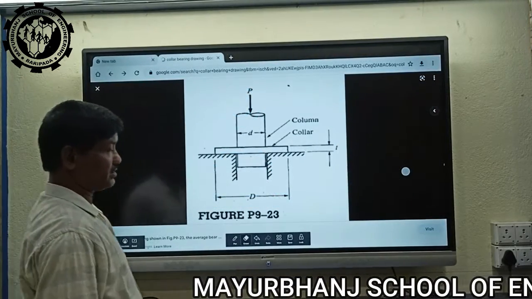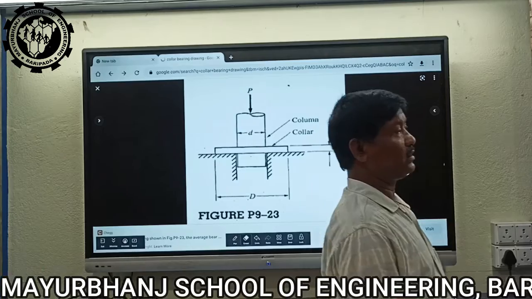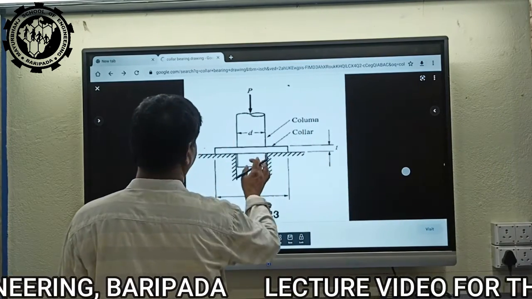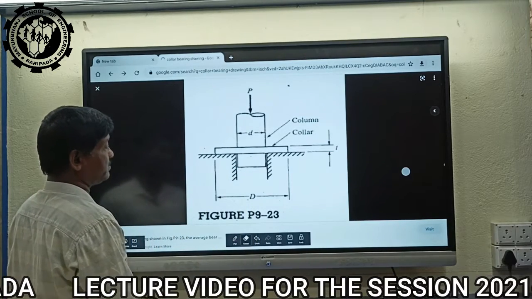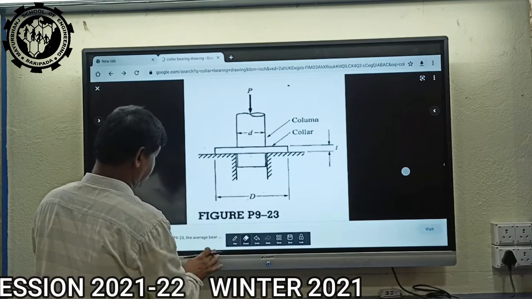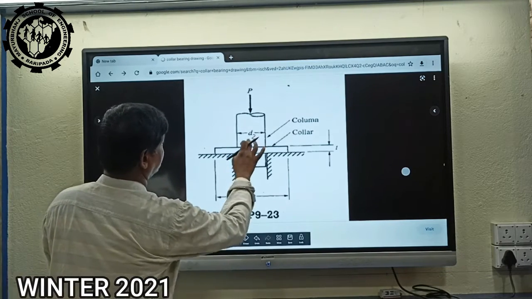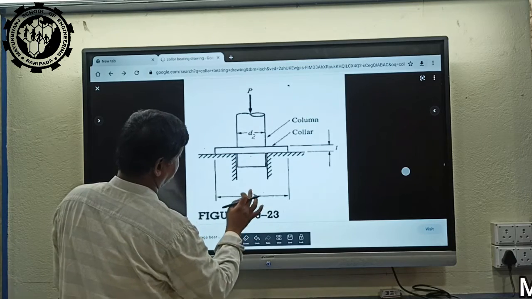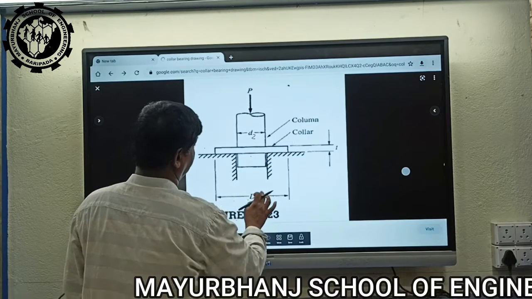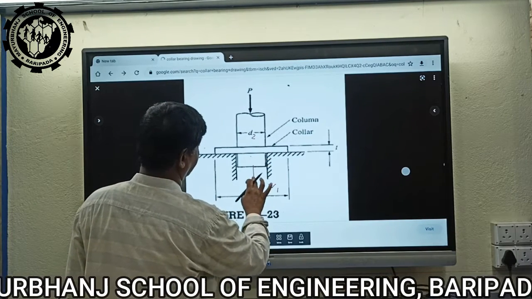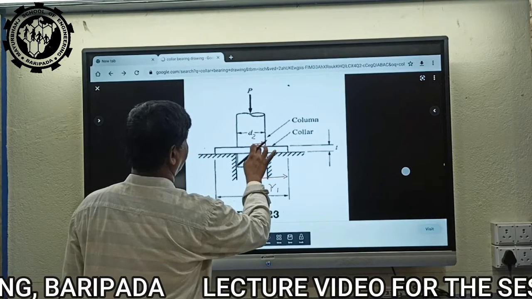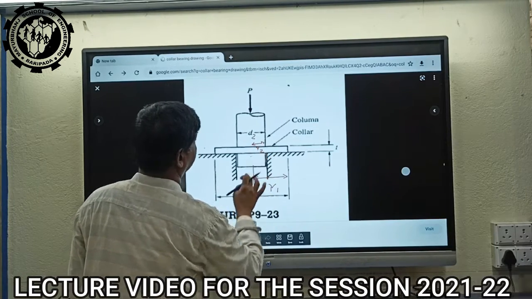Next we find out the frictional torque lost in a collar bearing. Here is the collar bearing. There are two diameters: one is the inside diameter D2, and this one is D1. So the radius will be R1 from here to here, and R2 from here to here.